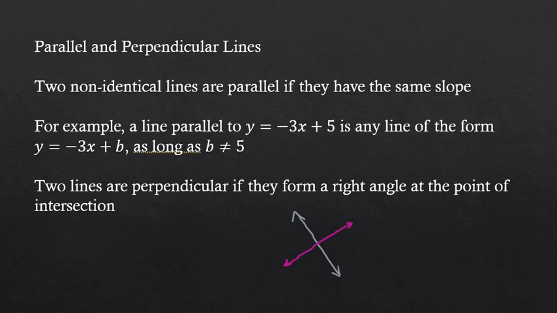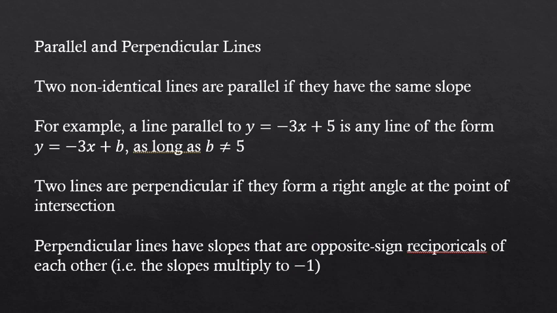A right angle is formed right here at the point where these two intersect. And perpendicular lines have slopes that are opposite sign reciprocals of each other. Another way you can say that is that the product of the slopes of perpendicular lines will be minus 1.